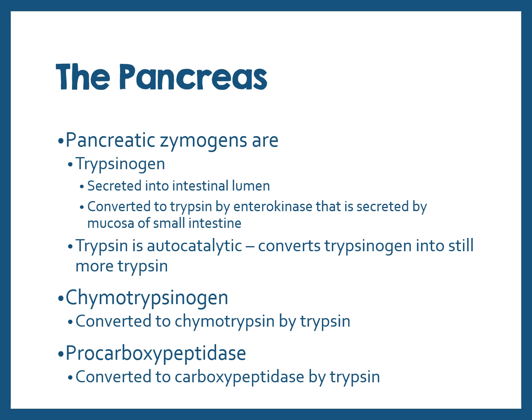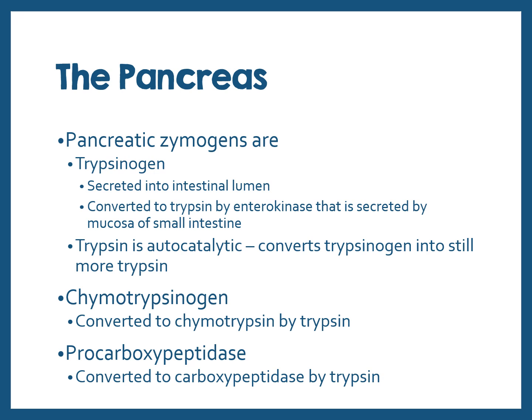So the pancreatic zymogens are trypsinogen, chymotrypsinogen, and procarboxypeptidase. And so when we're talking about these zymogens, anytime you want to figure out what it's going to become, you just take out the OGEN at the end.